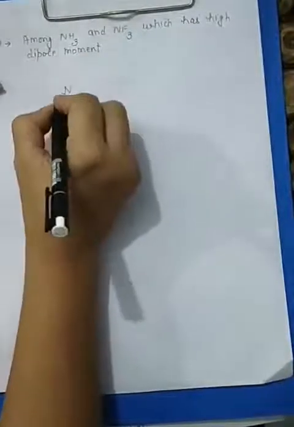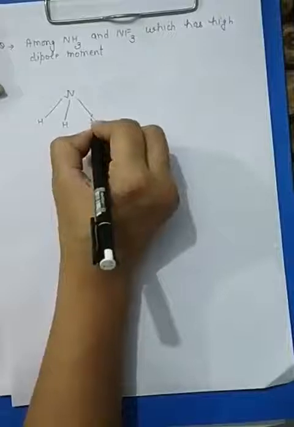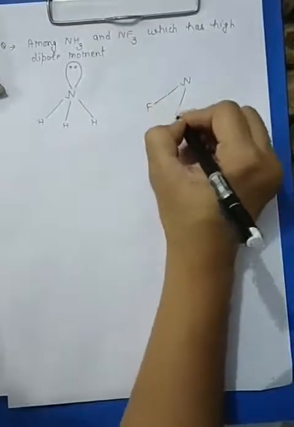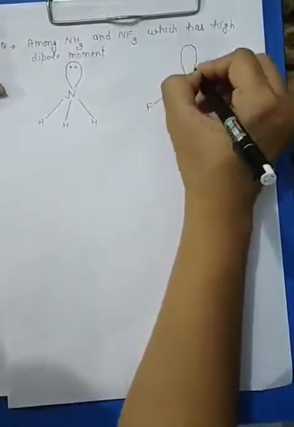For example, in the case of these molecules, firstly draw the structures of ammonia having one lone pair like this, and this one is the nitrogen trifluoride with the same lone pair.